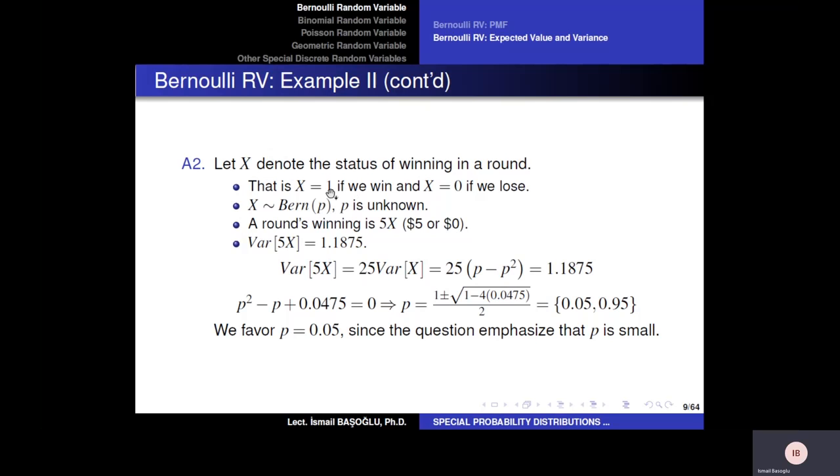If the winning status is equal to 1, then this means we win, and 5 times 1 will become $5, exactly the amount of money that we are going to win.